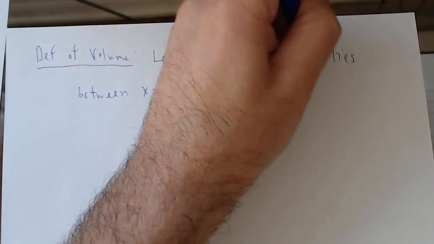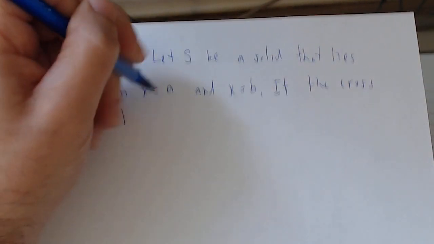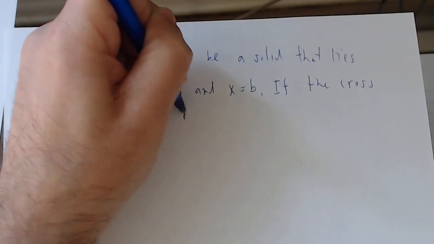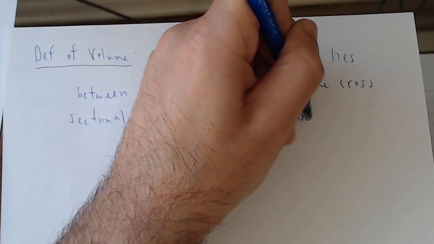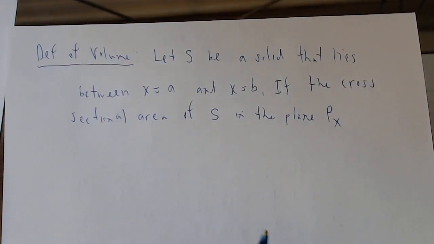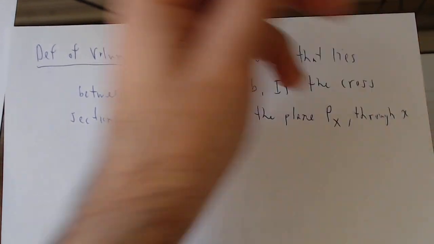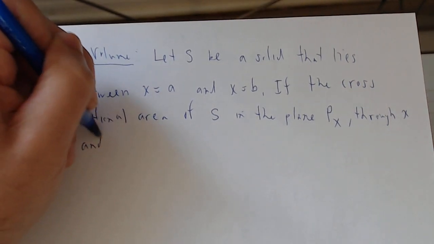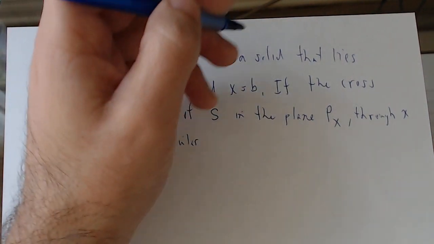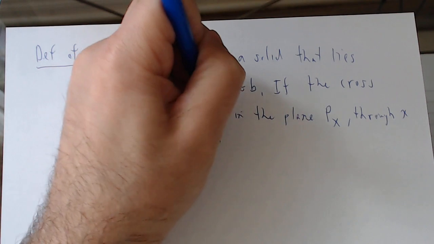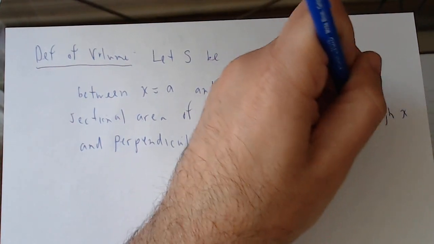If the cross-sectional area of S in the plane P sub x through x and perpendicular to the x-axis is A of x. So let's be careful real quick.